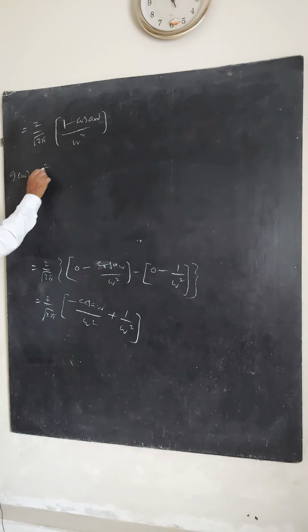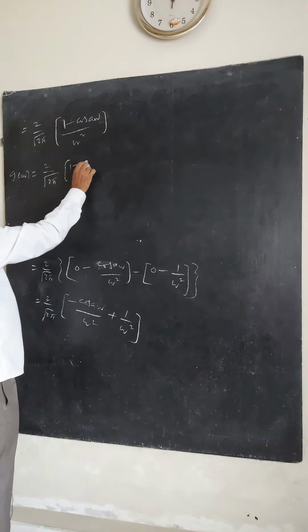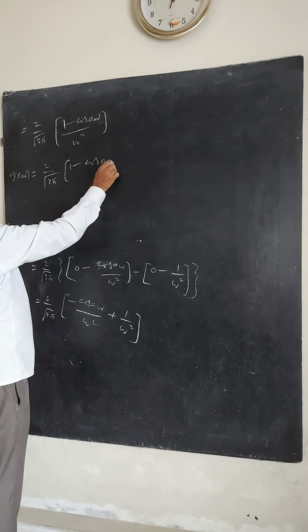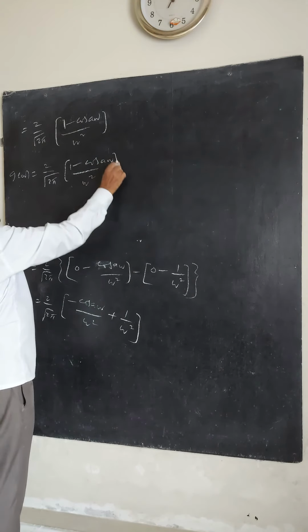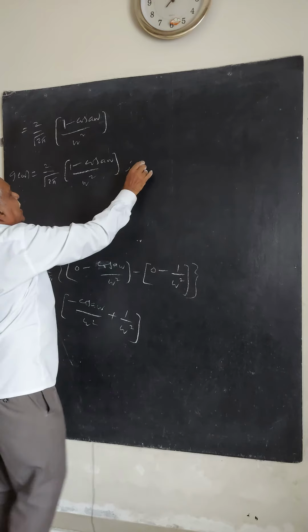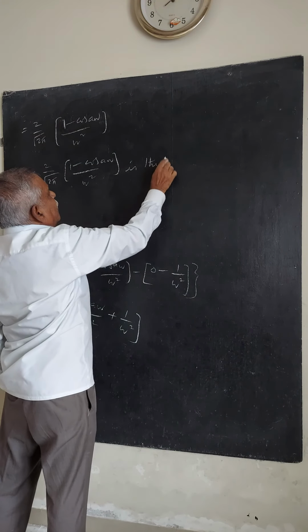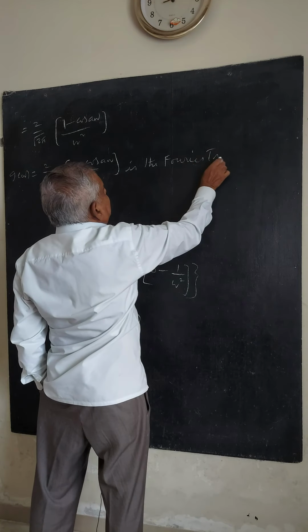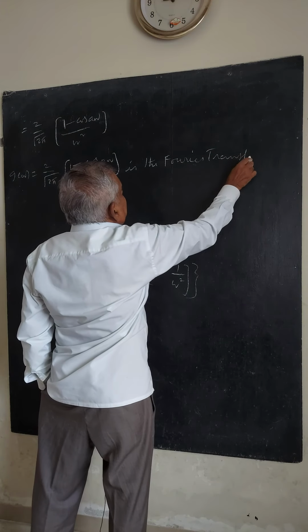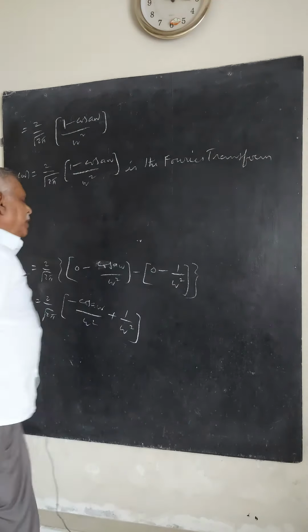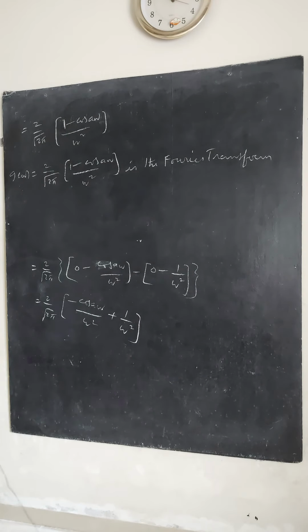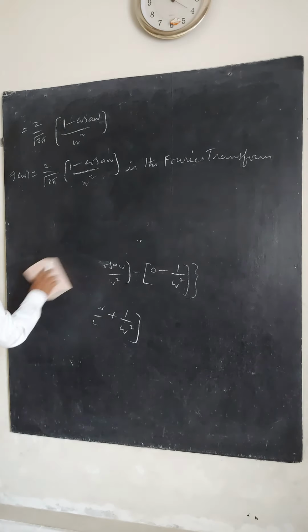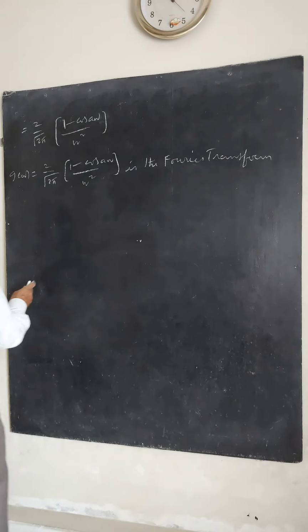G of omega equal to 2 by root of 2 pi (1 minus cos a omega) by omega square is the Fourier transform. One part is over. Again we are using the inverse Fourier transform integral.